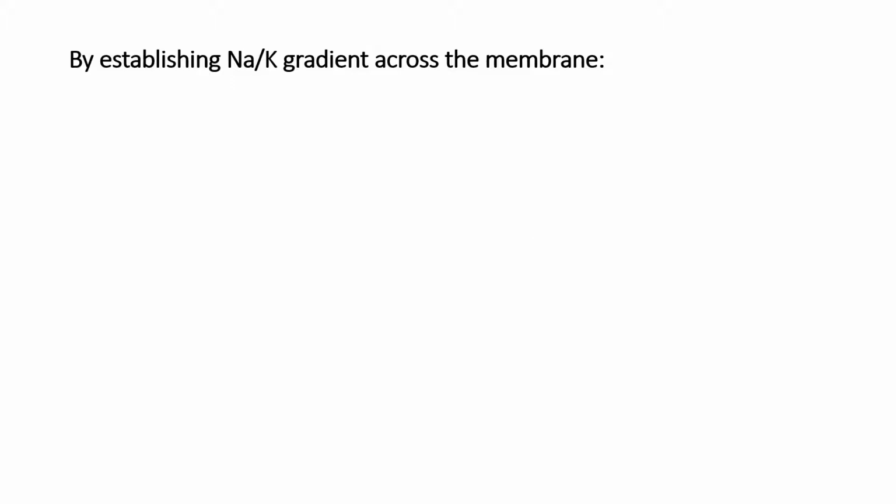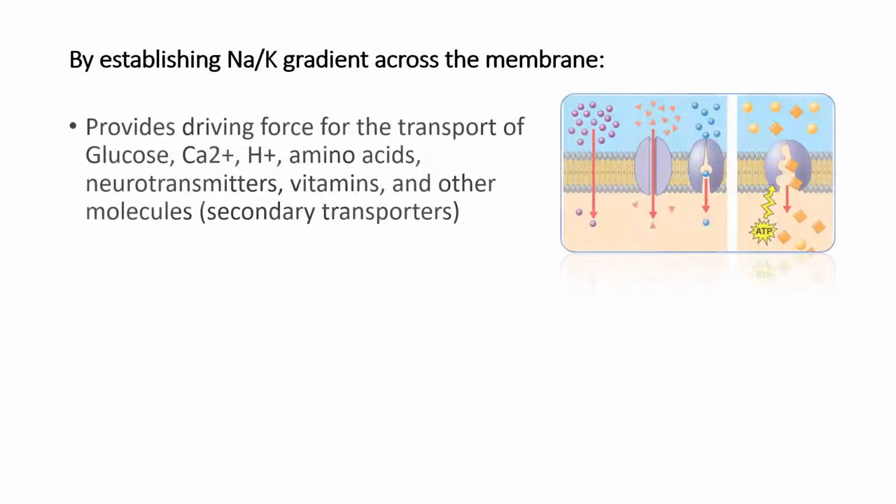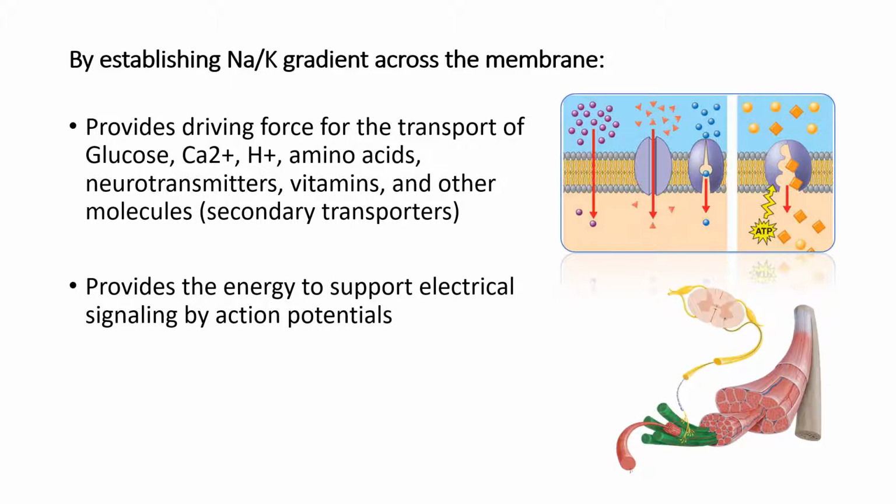The other function of the sodium pump is that the sodium potassium gradient across the membrane provides a driving force for the transport of glucose, calcium, proton, amino acid, neurotransmitter, vitamins, and other molecules through secondary transport mechanisms. And it also provides the energy to support the electrical signaling by means of action potentials.